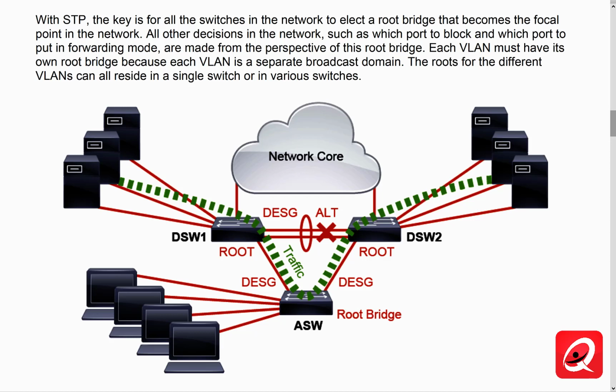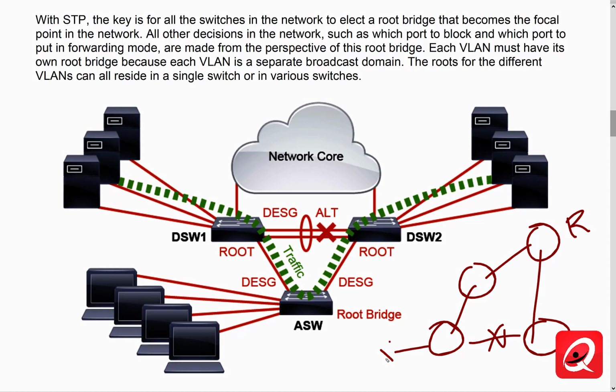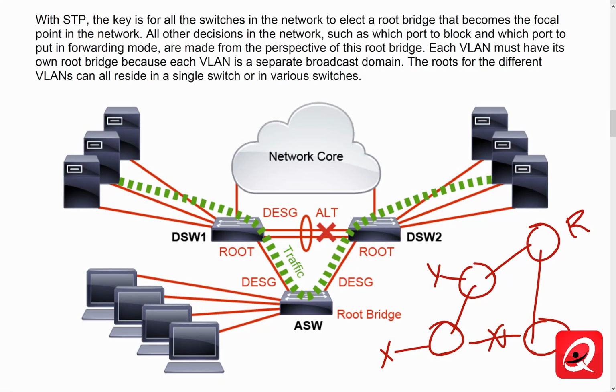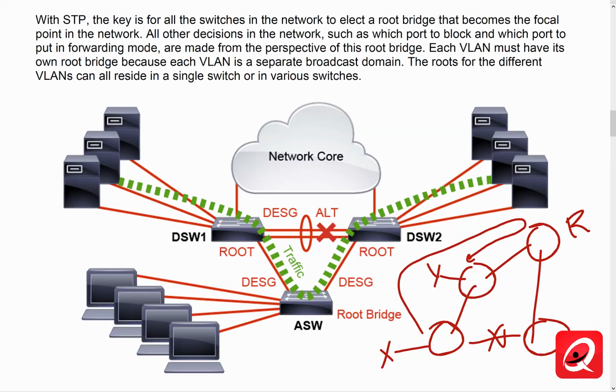All right, let me give you an example here. Let's say I have a switch here, a switch here, a switch here, a switch here, and somehow this guy became the root, and this link here was disabled, and that's what my topology ended up looking like. If a host over on this switch wants to talk to a host on this switch, that traffic doesn't have to go up to the root and back down to that switch.